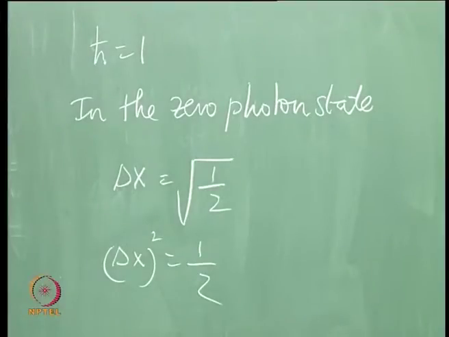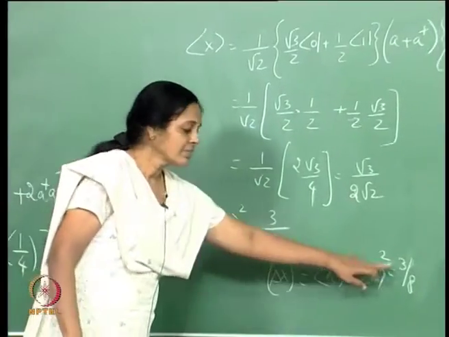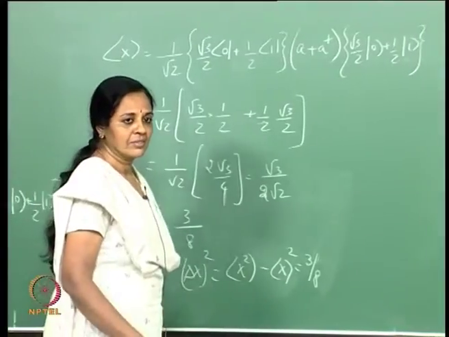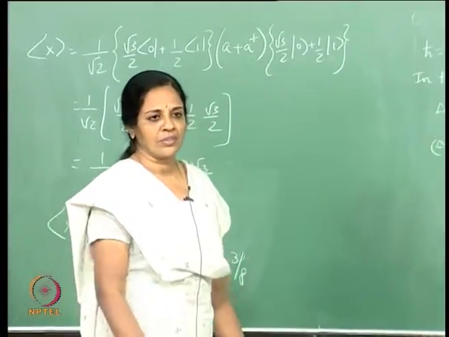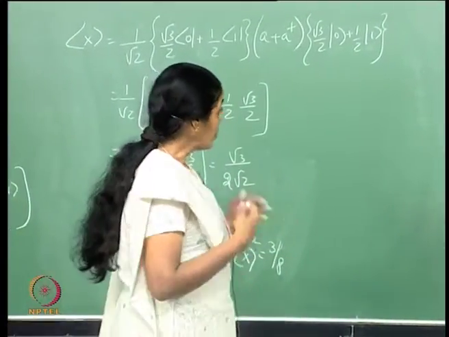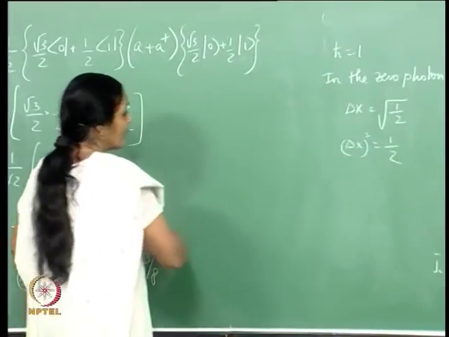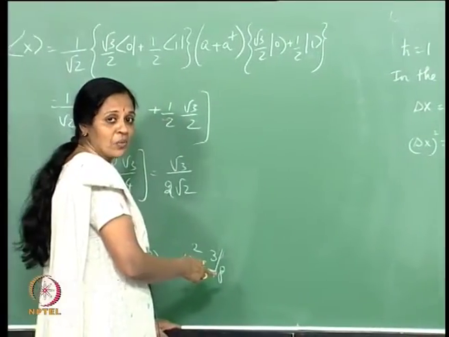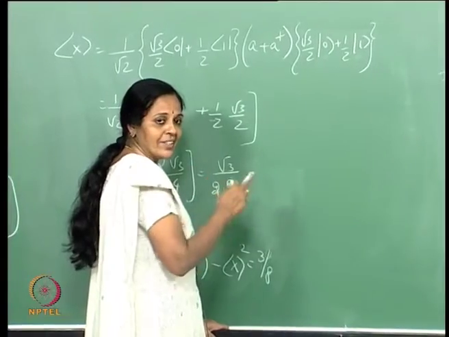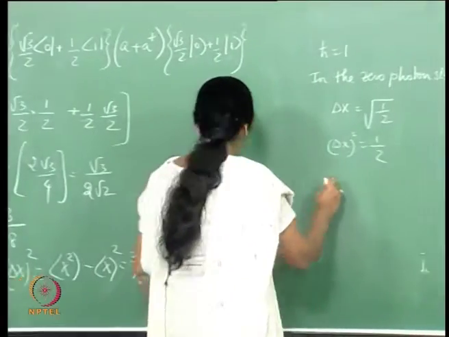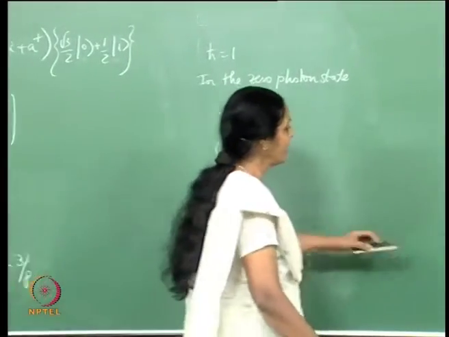So that's the ground state, and here I have a state where the variance is less than half. So it is squeezed in the x quadrature. I would like to check that it is not squeezed in the p quadrature, because that would violate the uncertainty principle. So let's work out delta p the whole squared.